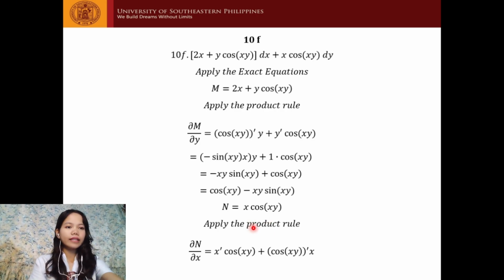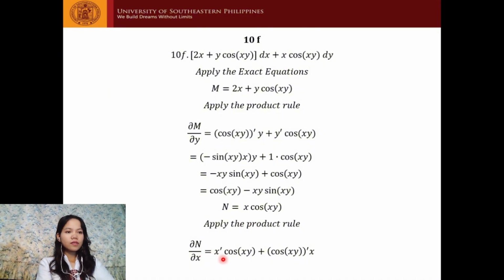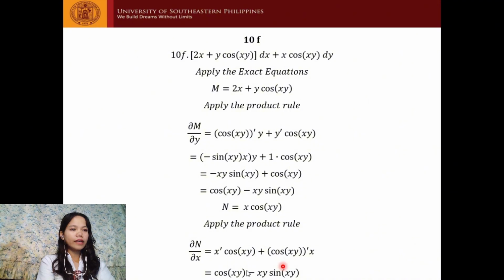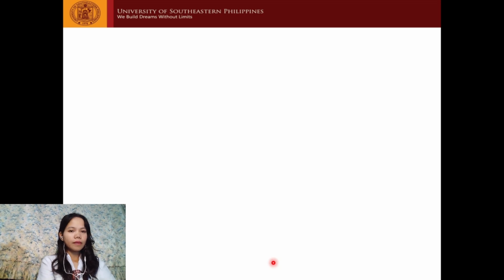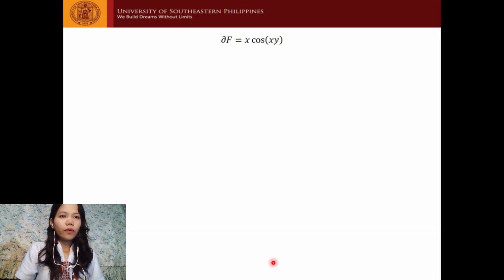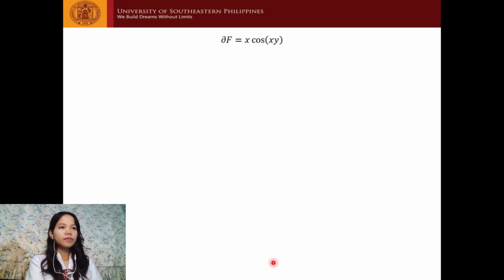So, what we have is x prime multiplied by cosine of xy plus the derivative of cosine of xy multiplied by x. So, what we have is cosine of xy minus xy times sine of xy. So, they are both the same. The next thing we do is that our partial derivative of f with respect to y equals x multiplied by the cosine of xy.